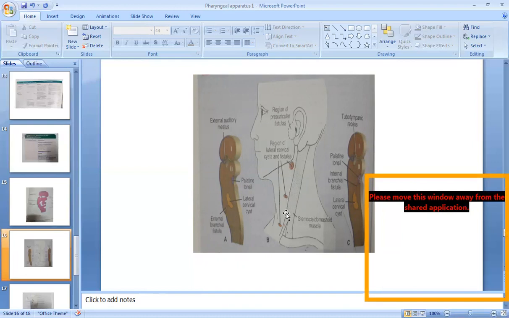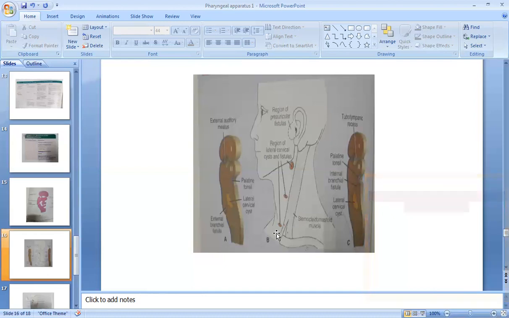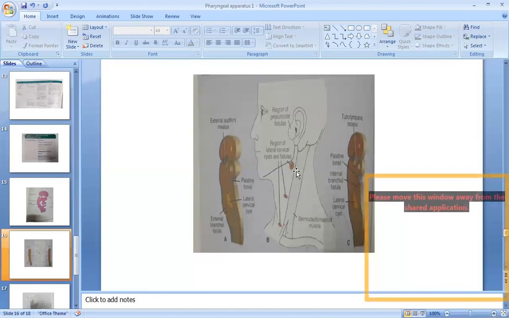So the second, third, and fourth are actually covered by normal skin with no appearance from outside. Sometimes a collection of fluid may appear and it will be visible, but in this position, in a line anterior to the sternocleidomastoid, below the mandible, and in a line with the sternocleidomastoid muscle. These are the places of the lateral cervical cyst.